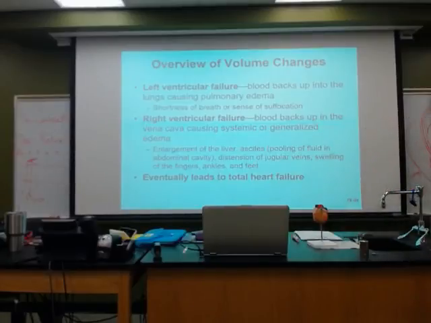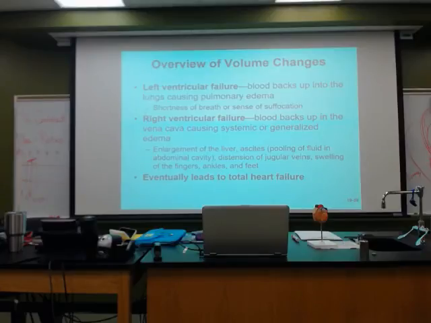When the right ventricle fails, blood backs up into the vena cava because the superior and the inferior vena cava feed into that right atria. So if the blood backs up into those vena cava, that means it's not getting good flow from all systems of the body, the tissues.